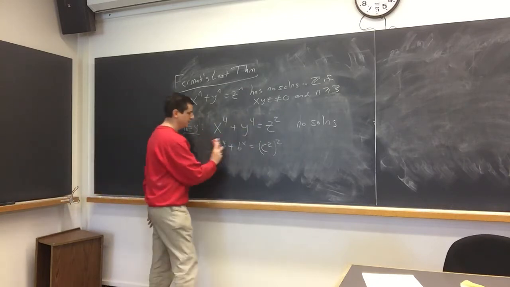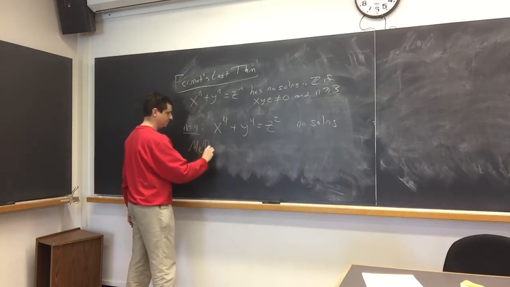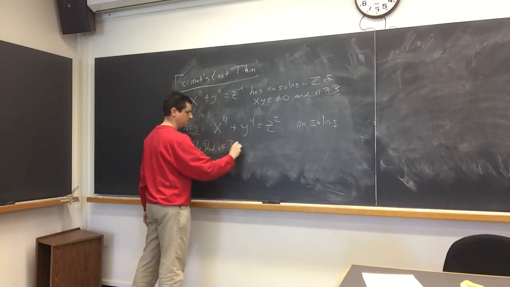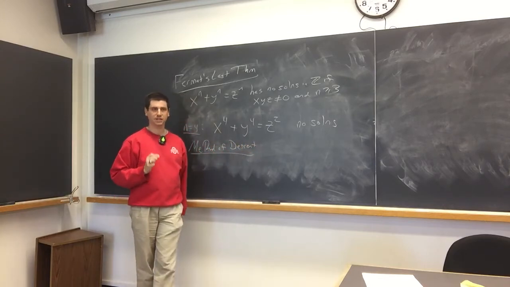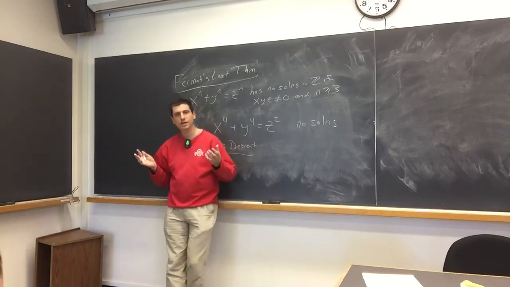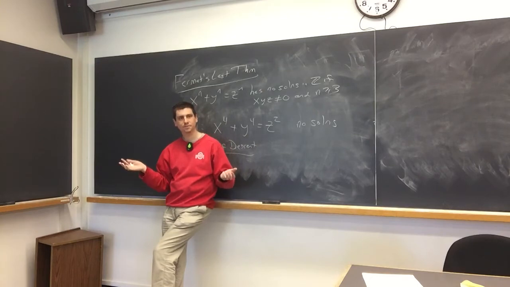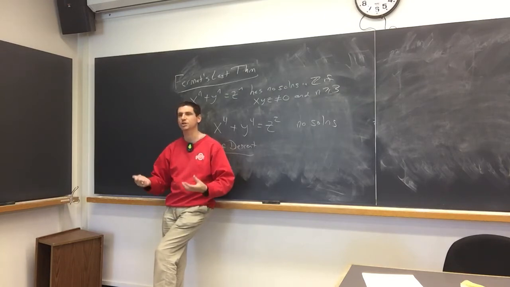Okay. So the question is, how do we prove this? The method is one of the most powerful methods in mathematics. It's called the method of descent. And we've actually seen the method of descent in this class. You show that the set of solutions has a nice property, that you can associate a value to each one, that you can order them by size. The word we often use in the book is we order the solutions by their height.